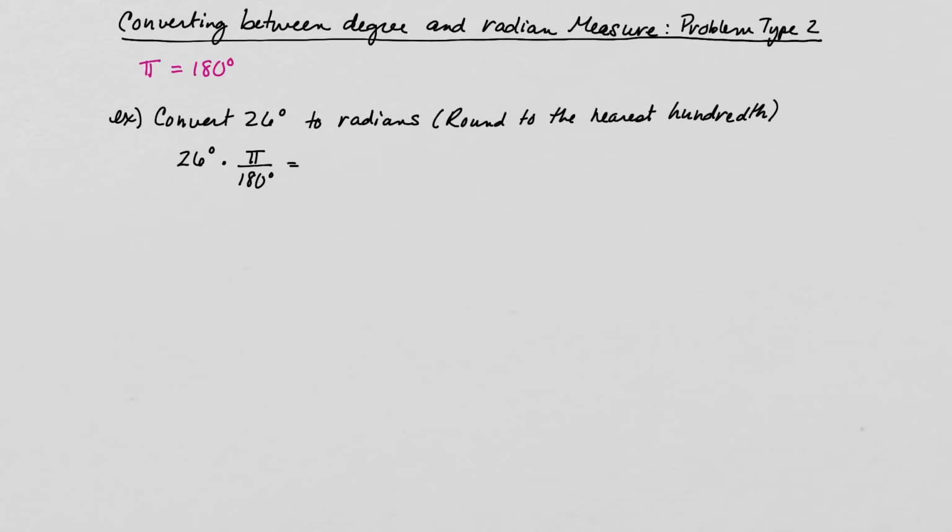You want to actually use the pi button on your calculator. And so when you do that and you multiply these out, we end up with 0.4537... And remember, we're trying to round to the nearest hundredth, so that's the hundredth position there. So we're talking about 0.45.